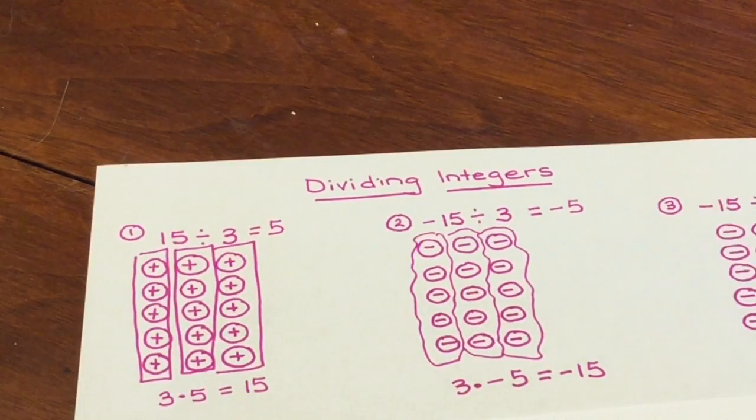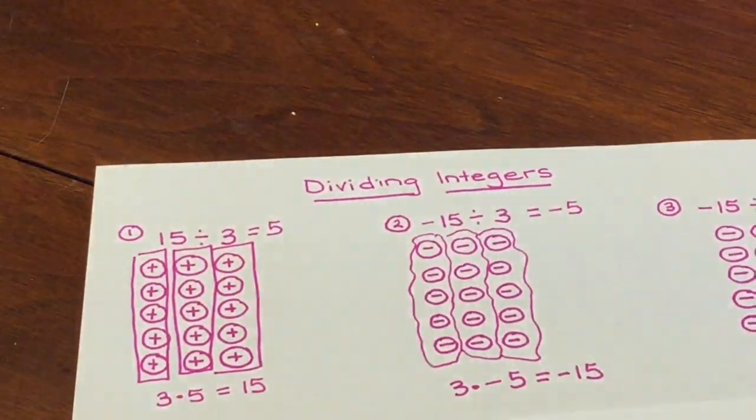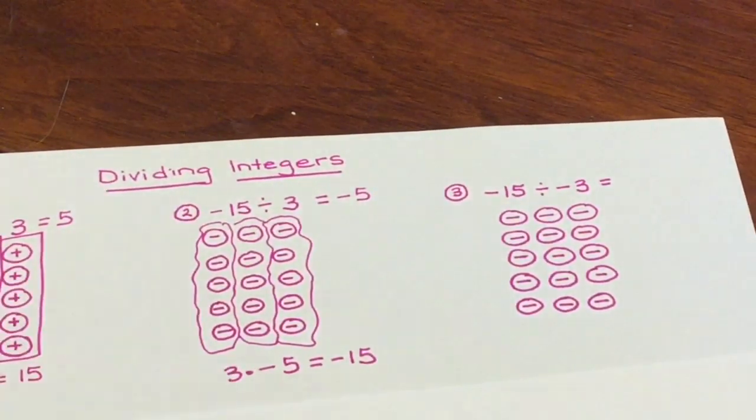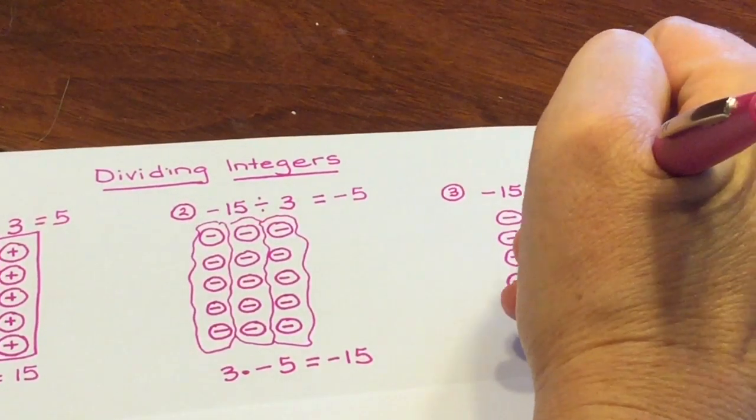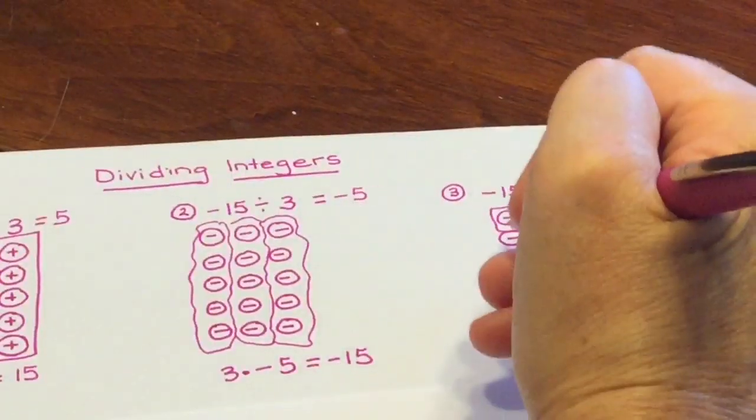Okay, let's look at our last one here. This one's a little more difficult to explain, but it says negative 15 divided by negative 3. So I have 15 negative integer counters here, and let's put them into groups of 3 negatives. Here is a group of 3 negatives.